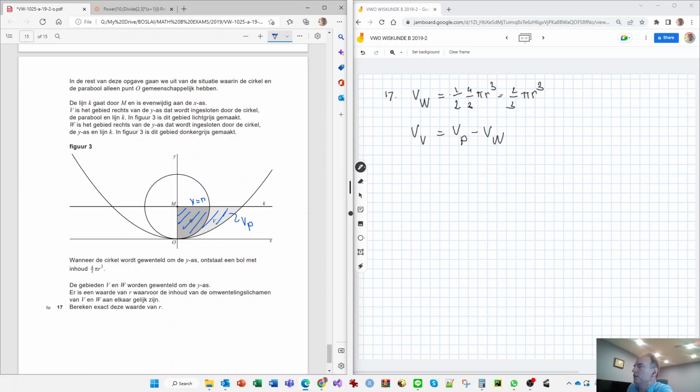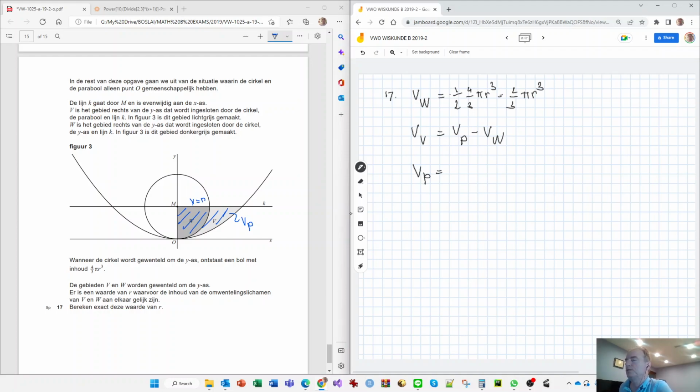So let's do that, Vp. And for this we need to integrate all these x values here.